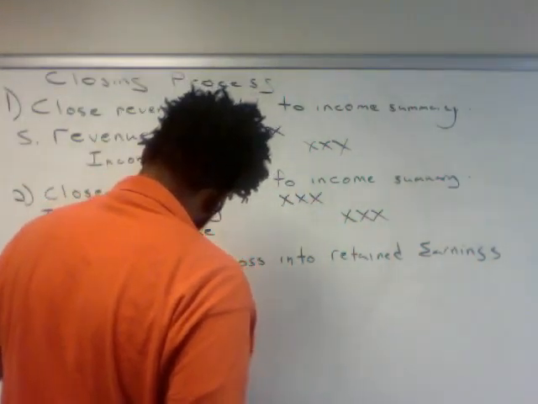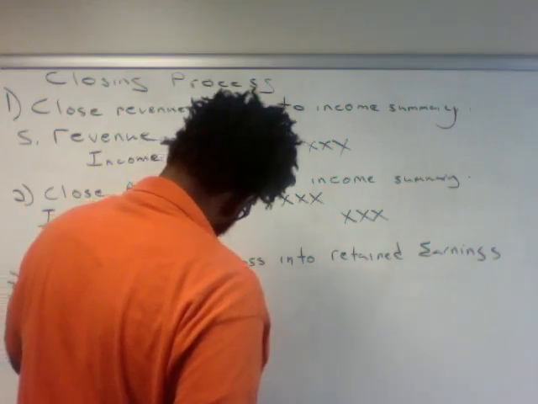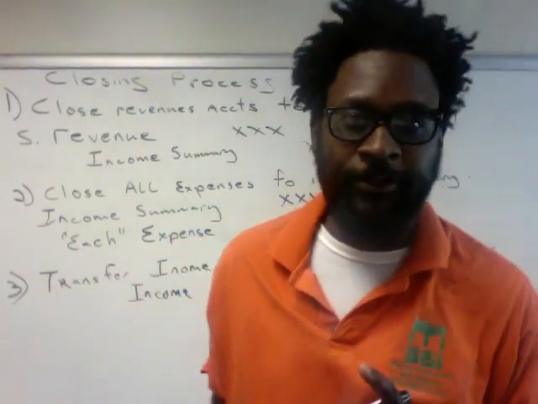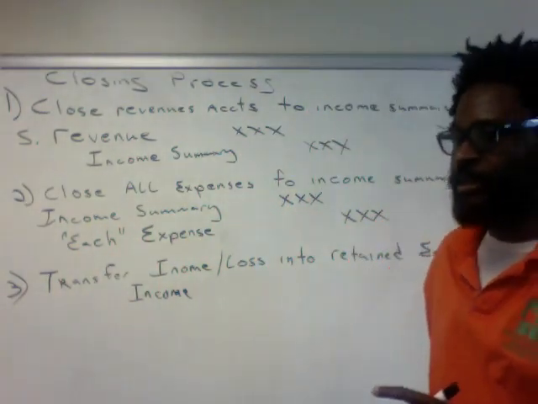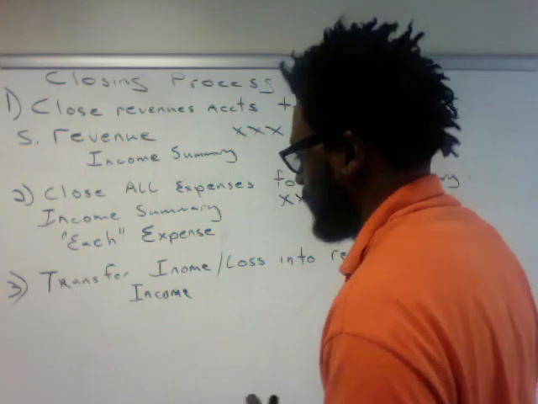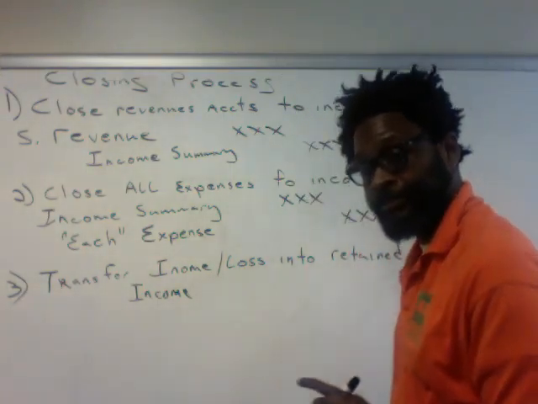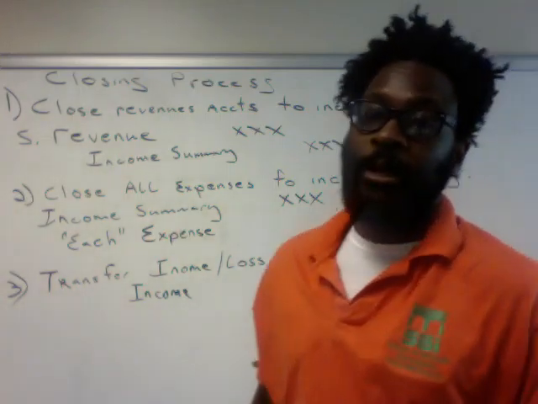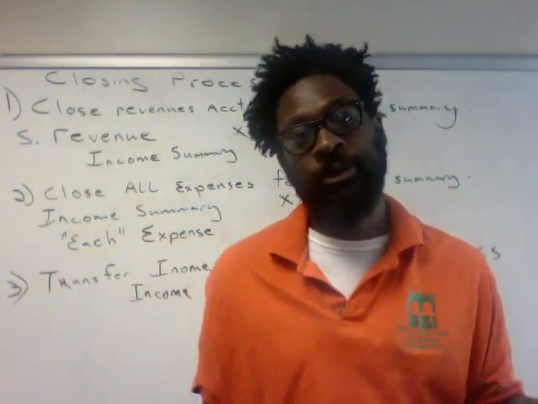If you have an income, obviously we know our expenses were lower than our revenues. We know that our revenues exceeded our expenses in order to have an income. If we have an income, then we have to increase retained earnings. How do you increase retained earnings? It's a part of stockholders' equity.